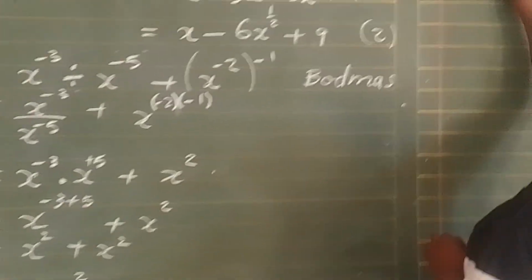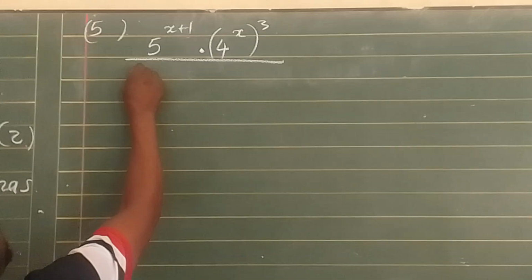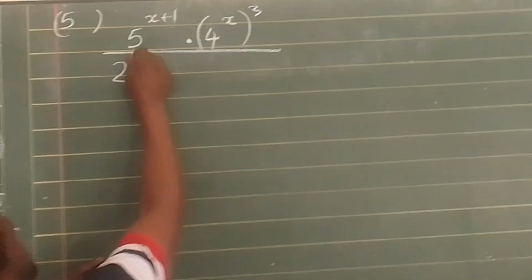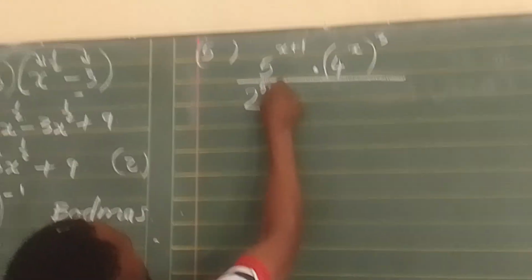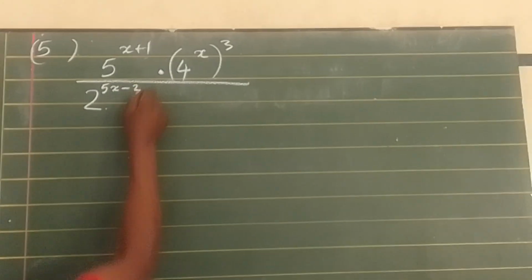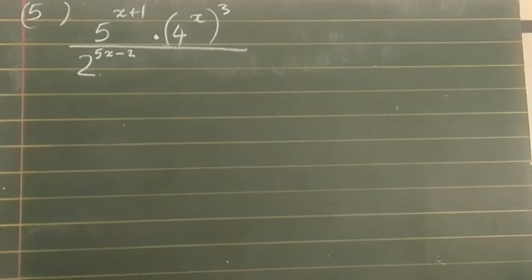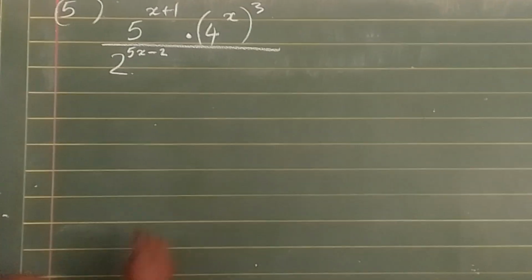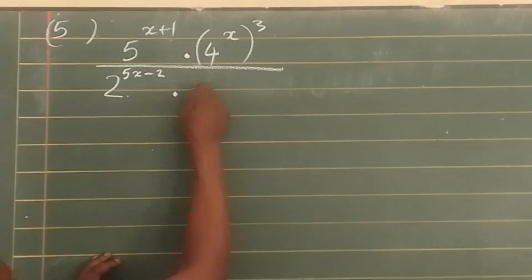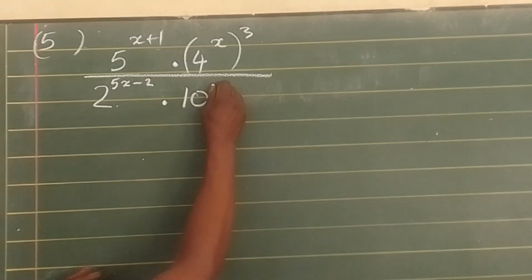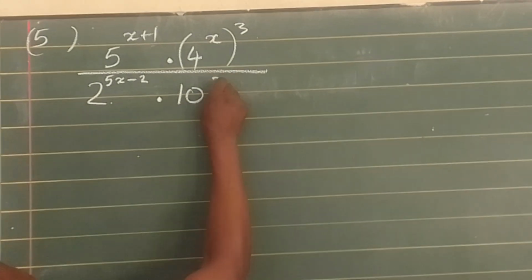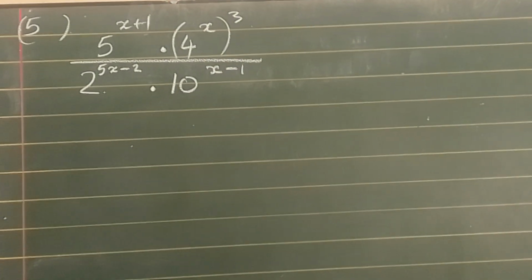You divide that by 2 to the power 5x minus 2, multiplied by 10 to the power x minus 1.